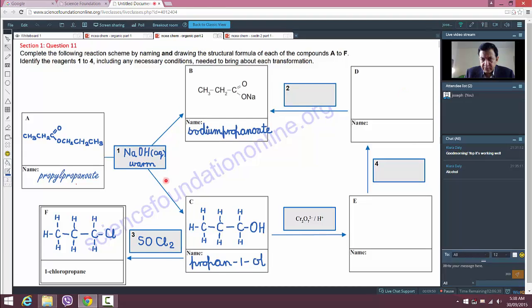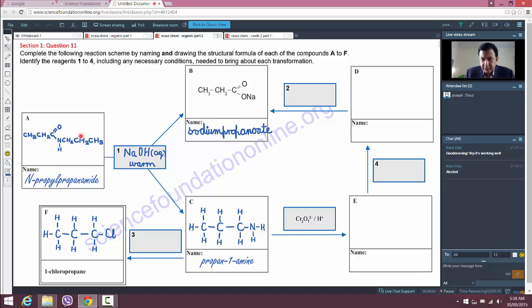At this point, it is also useful to see why we can eliminate another possible option for what compound A could have been. Just like with esters, the salt of an alkanoic acid, this sort of compound here, is also produced when an amide is hydrolyzed by heating with a base such as sodium hydroxide solution.